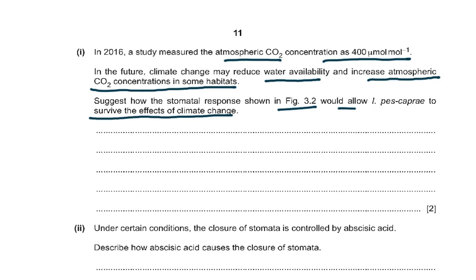So this will compensate for the less water availability, because they've told you in the question that there is reduced water availability. So that is good. Less water available, stomata open less, so less water vapor is lost. The water that evaporates would not be lost from the leaves. So that is good for the plants.